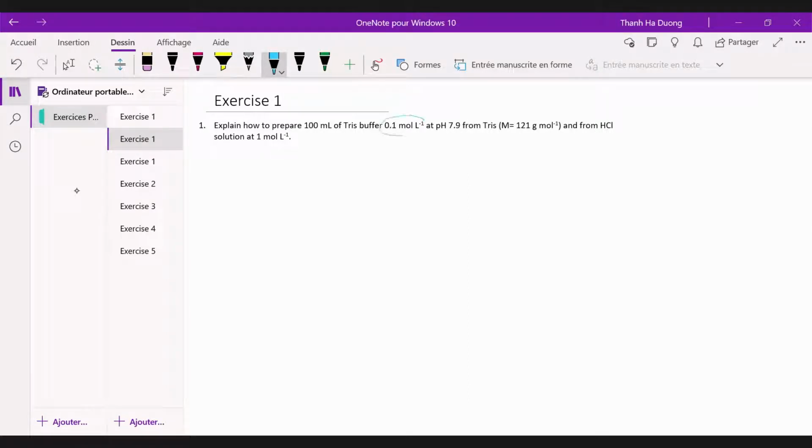You have the concentration of the buffer and the pH. The concentration of the buffer is the total concentration. It means that Tris plus Tris H+ is equal to 0.1 mole per liter.